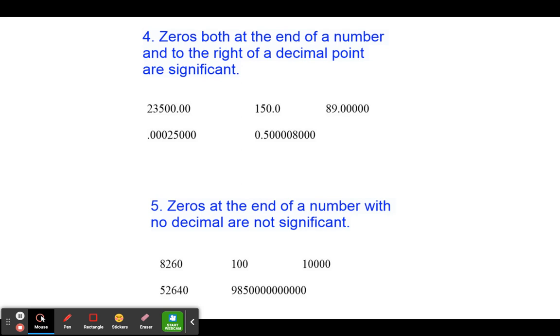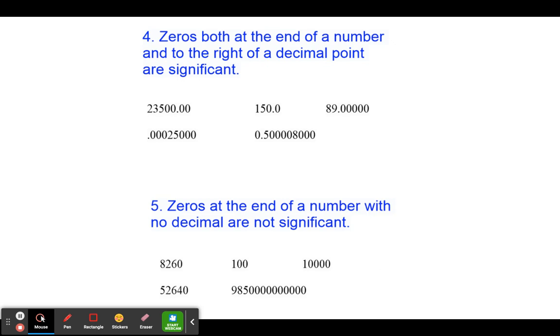Zeros both at the end of a number and to the right of a decimal point are significant. So in 23,500, how many significant figures are there?